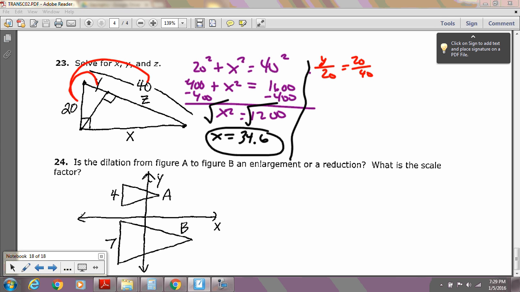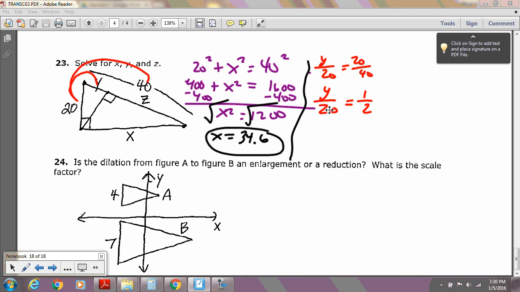Now this one you can easily find without using cross multiplication, because you know that y over 20 has to equal 20 over 40, which is 2 over 4, which is 1/2. So you could reduce the fraction to make your number smaller in order to solve it.